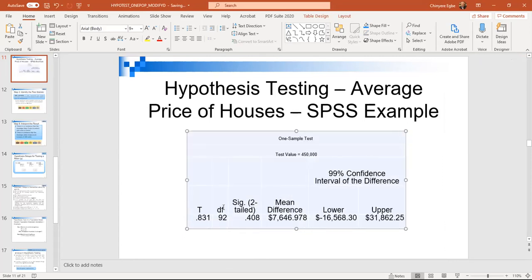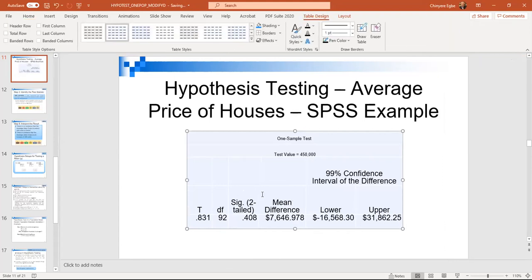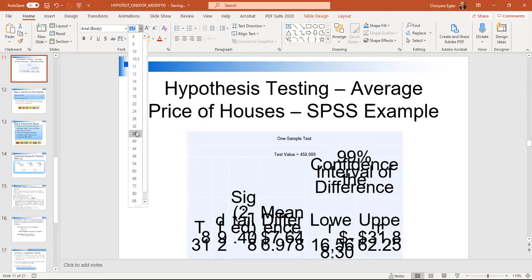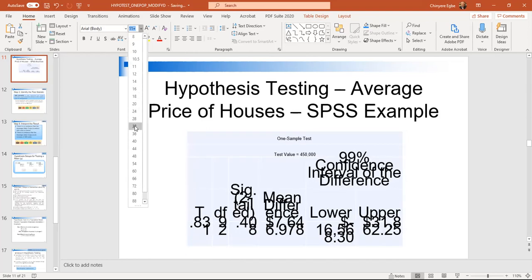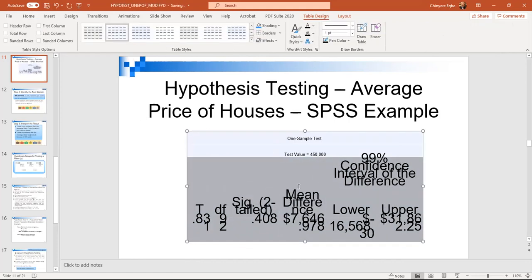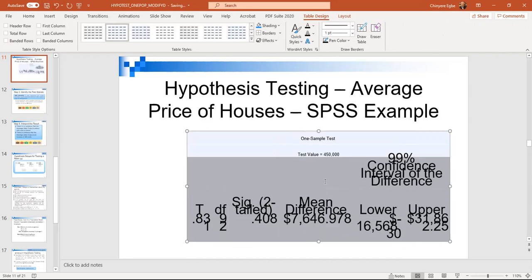Okay. So we see a screen. This is too messy.